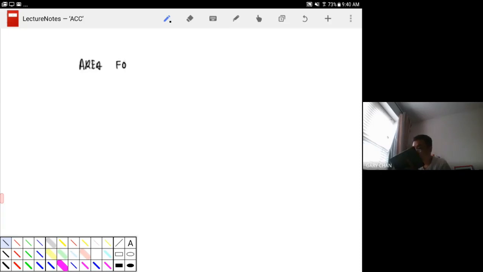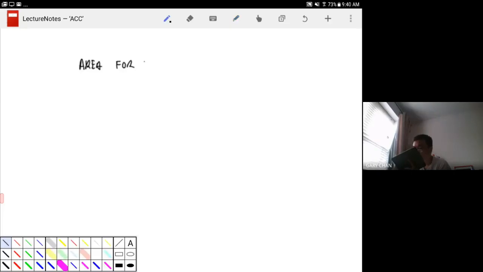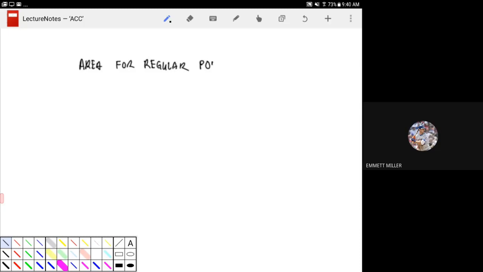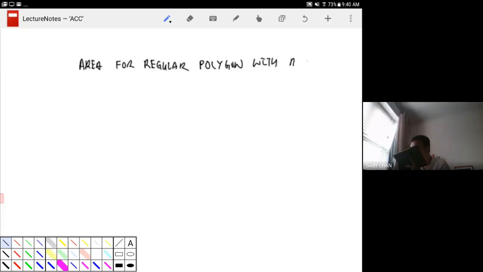Okay, so area for a regular polygon, I should say. And this will be the last thing for today. Regular polygon with n sides of length s.